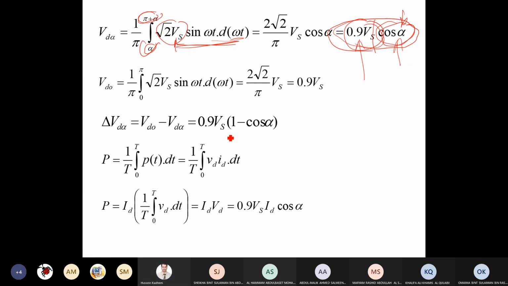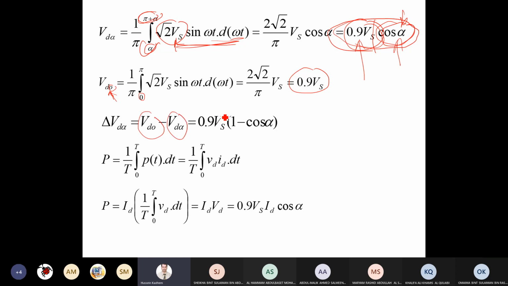Now, as I mentioned, for the ideal circuit, for the diode, or the thyristor when alpha is 0, I call it VDO, DO for ideal. Don't forget, for ideal there is no inductance on the supply. Now it was 0.9 Vs. When I want to see the difference between the thyristor situation and the diode situation, I subtract VDO minus VD alpha.